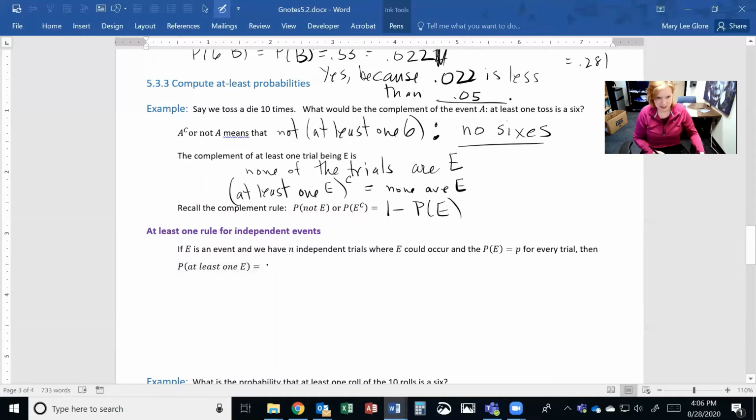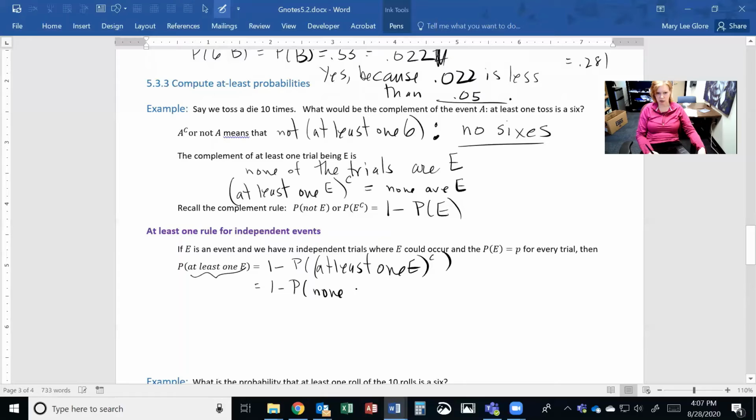So this is going to be 1 minus the probability of at least one E complement. At least one complement is none. So this is 1 minus the probability that none of the trials are E.